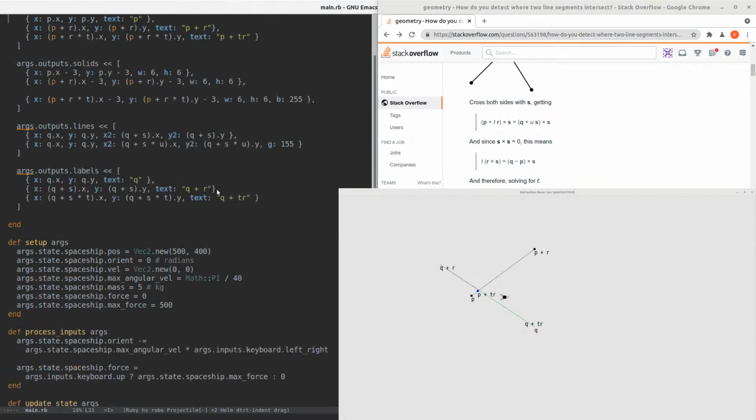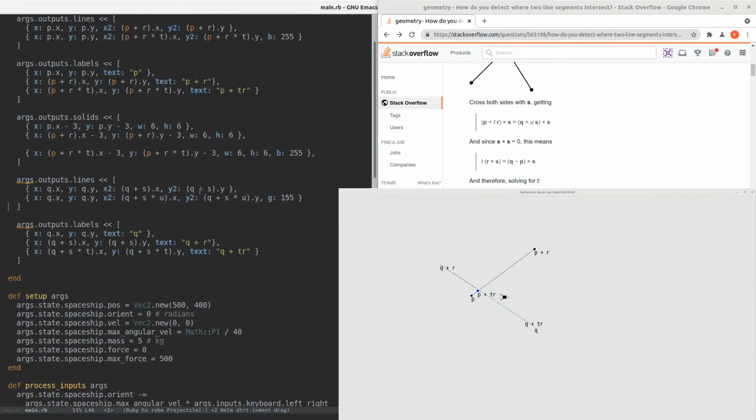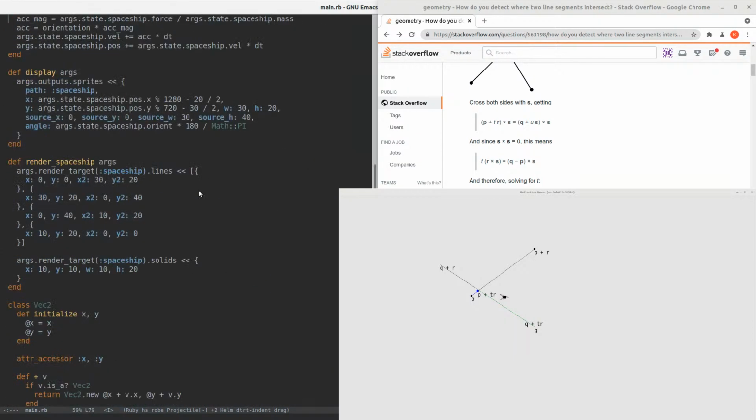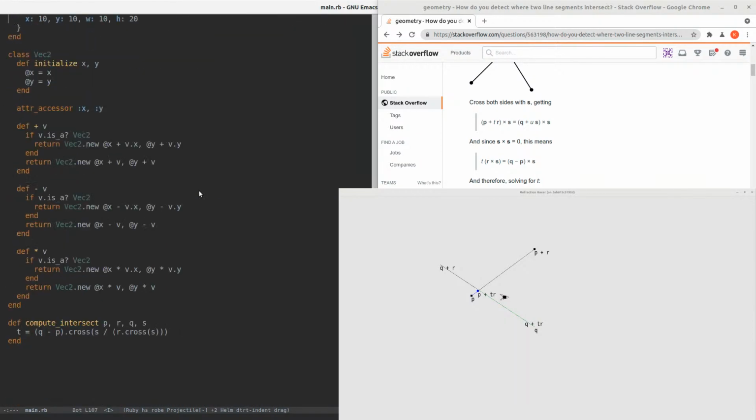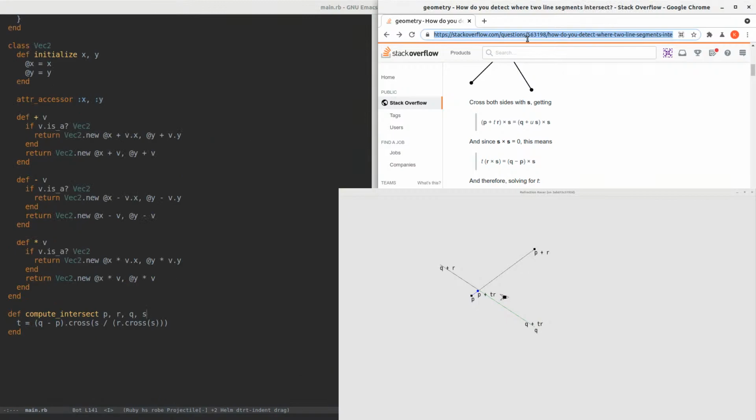So now we can actually compute this stuff. So why don't we go back to our collision here, compute intersect, and I'll just make a note here that it's taken from, well, right there. Okay, so now we know where we got it.